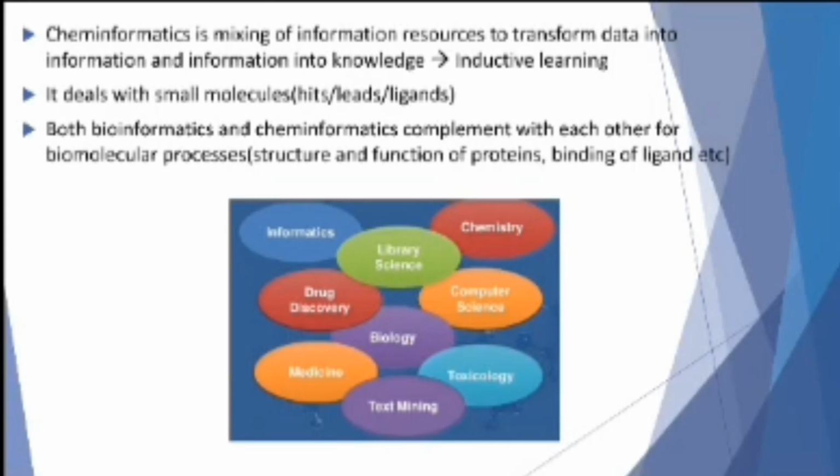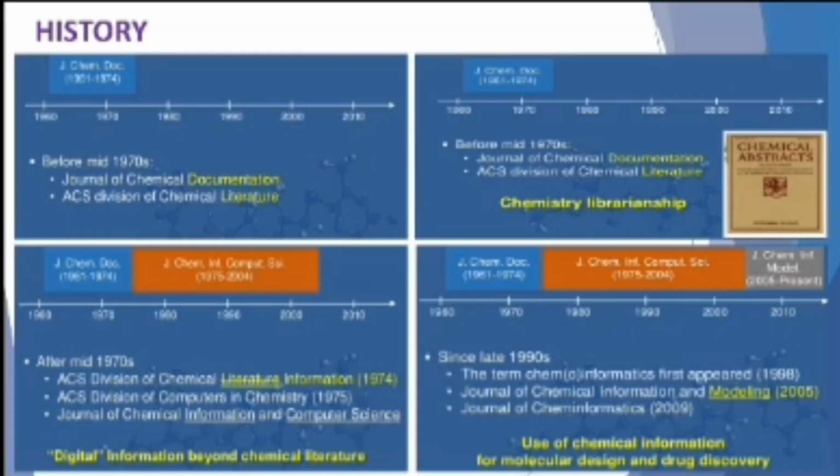Cheminformatics extensively employs machine learning algorithms and data mining techniques to extract insights and patterns from large chemical datasets. How these are integrated with each other is given as informatics, chemistry, computer science, toxicology, text mining, medicine, biology, laboratory science, and drug discovery. All are integrated together and it frames cheminformatics.